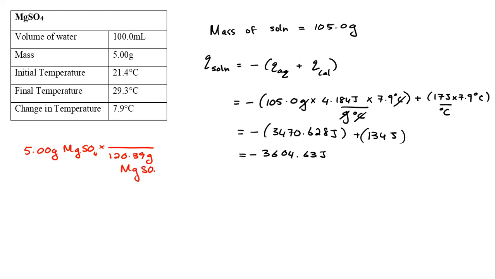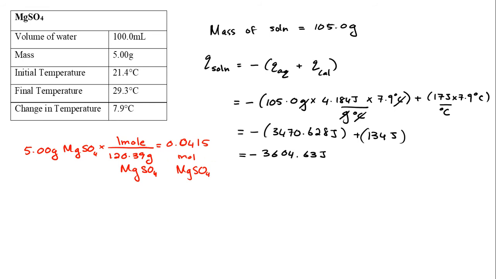That's the molar mass, 1 mole over here. So let's see, 5 divided by 120.39 gives me 0.0415 moles of magnesium sulfate.